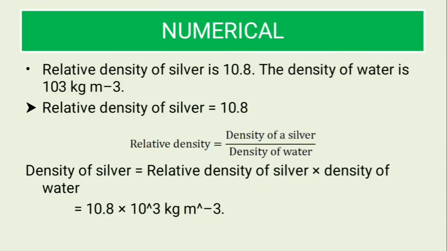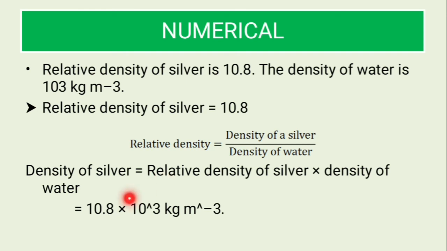You can keep it as it is, or you can write 10800 kg per meter cube, or else the best way is to keep this number as it is. No need to solve it because it is already solved. Many times in higher classes also people don't multiply 10 to the power something.